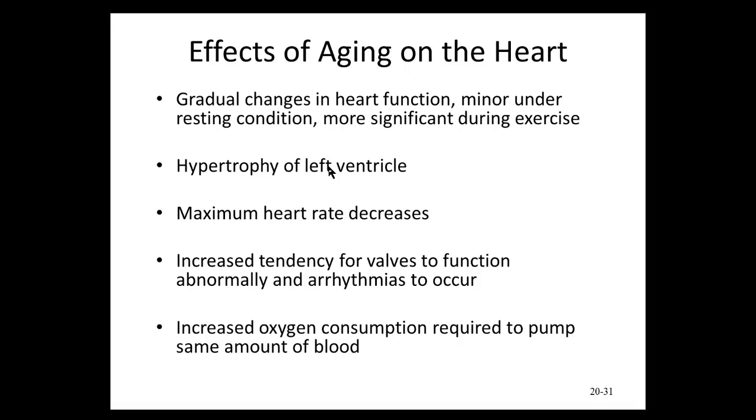And the heart can't pump as quickly as it used to. That cardiac conduction system isn't quite as efficient. The heart muscle doesn't respond as well, and the heart rate decreases, how fast that heart can pump. So therefore that limits how much exercise that person can perform based on the maximum heart rate decreasing, because it's not able to keep enough blood going to the working muscles.